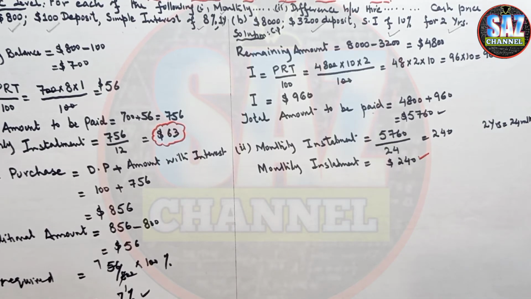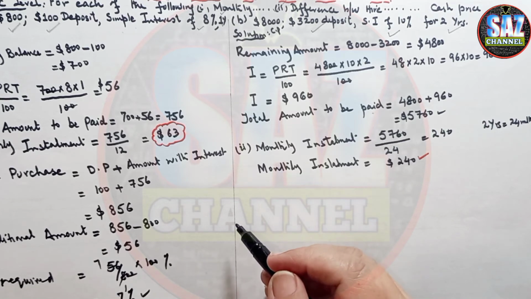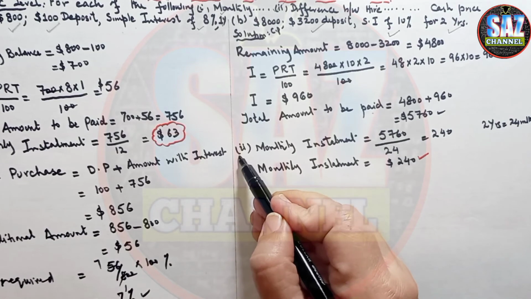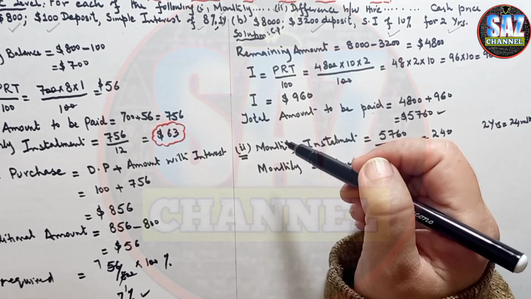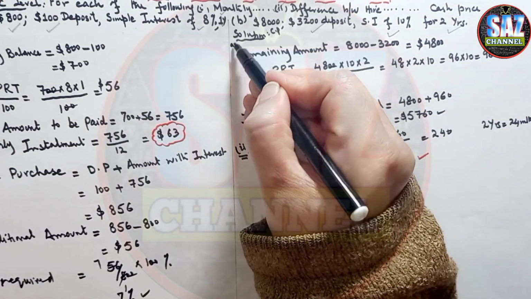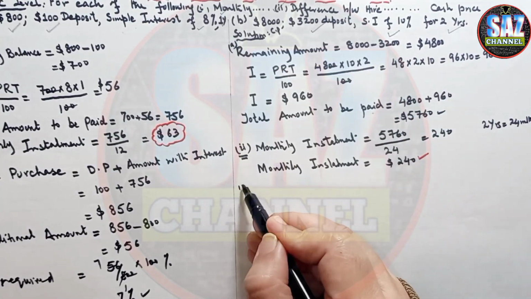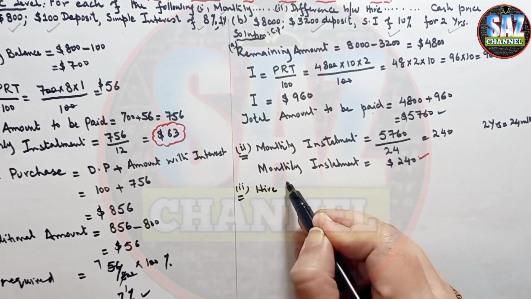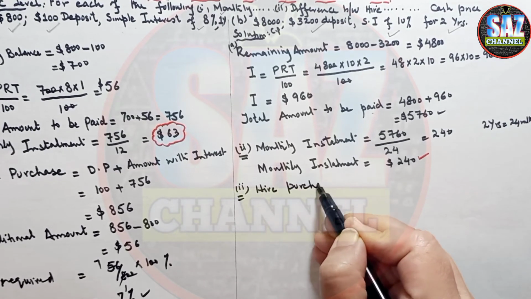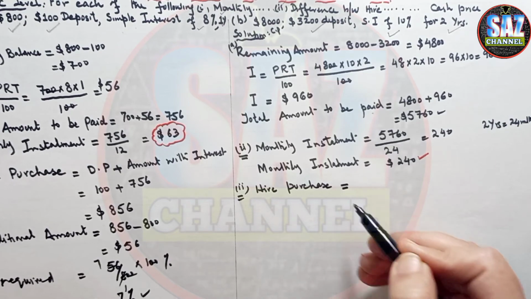Now the second part of the question is the difference in hire purchase price and the cash price as a percentage of cash price. So first of all, we have to find the hire purchase price. This is actually the second requirement of part 1, and now part 2, hire purchase price will be equal to down payment.